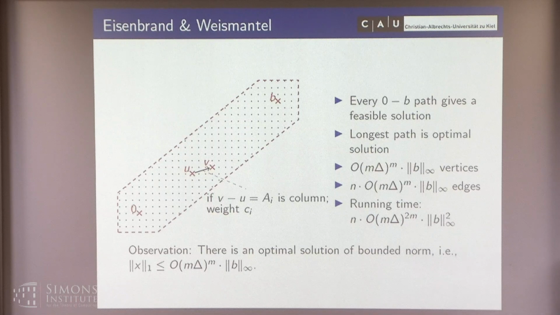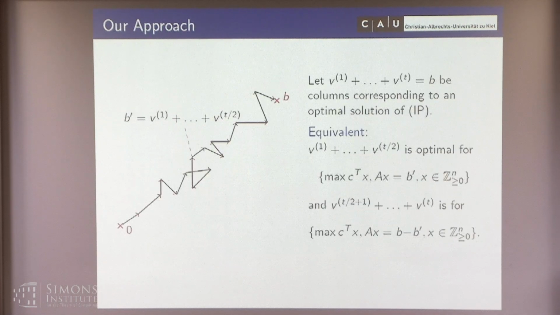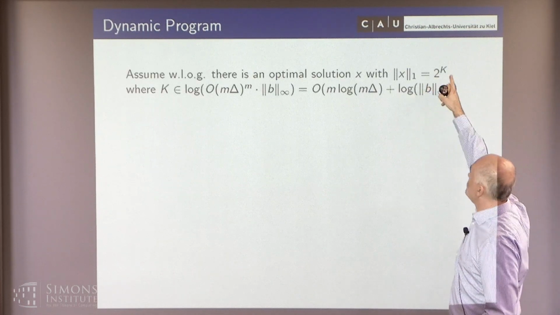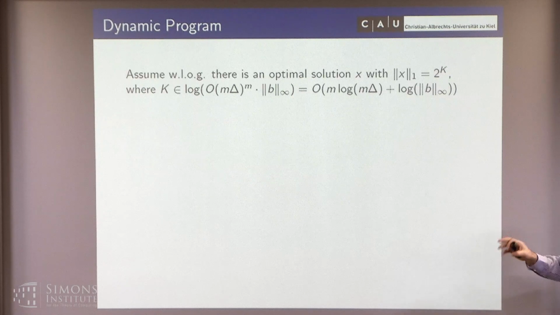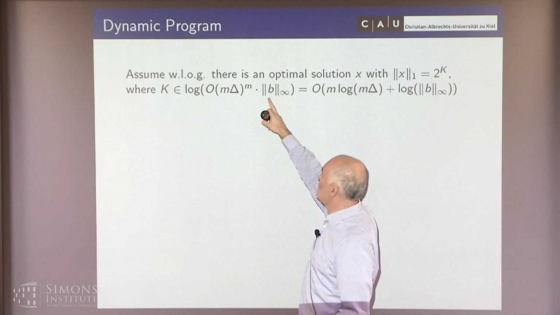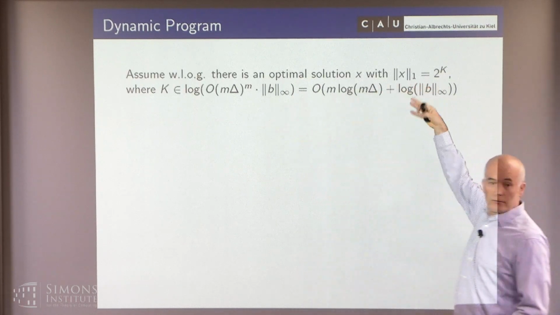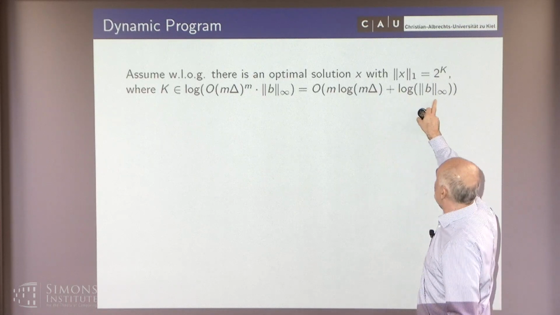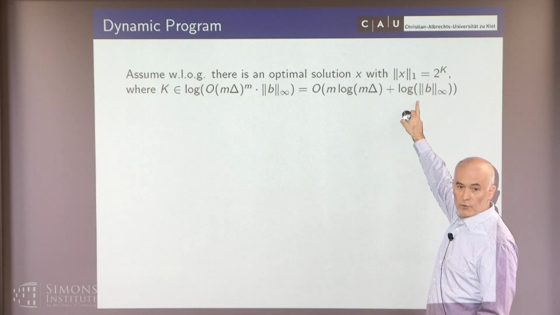You can make this a bit larger to go to the next exponent of 2. So you can assume that the norm is 2 to the k, and k is then this log term. If you plug this in, you get the value here for the bound of the optimum solution. And if you take the log, this is the number of iterations that we have to use later.